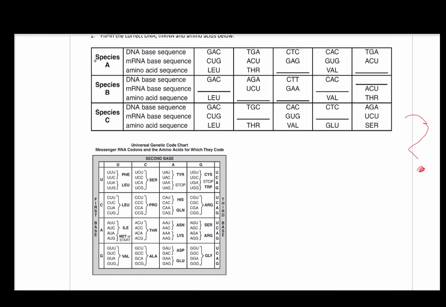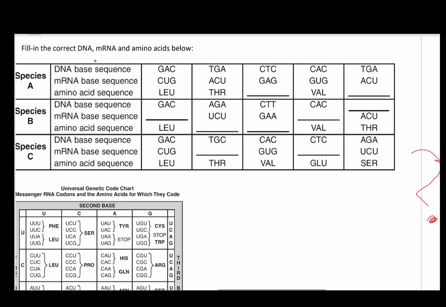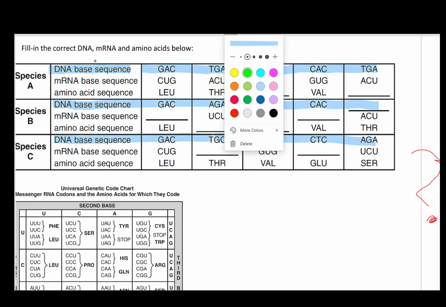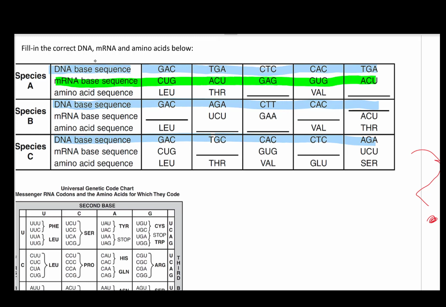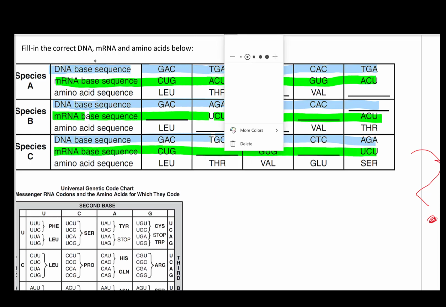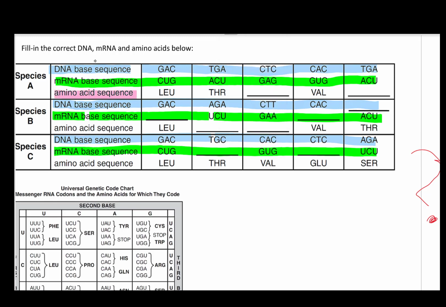So let's take a look and see how maybe your Regents might ask this. It looks like this diagram of this chart has 3 species, and each species has a DNA sequence, an mRNA sequence with some missing, and it also has an amino acid sequence.